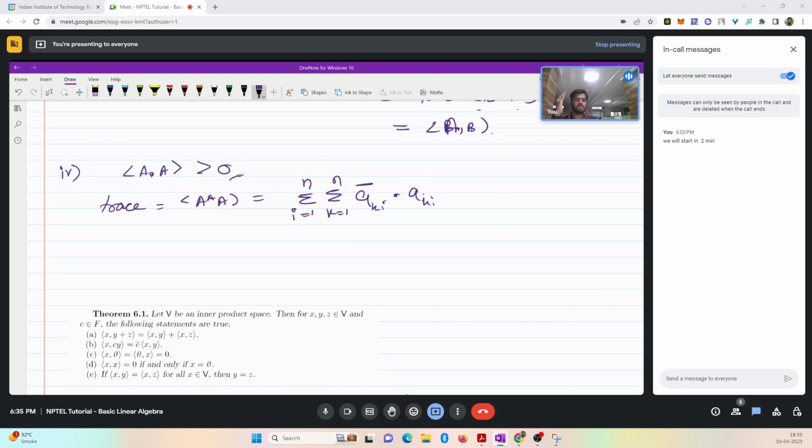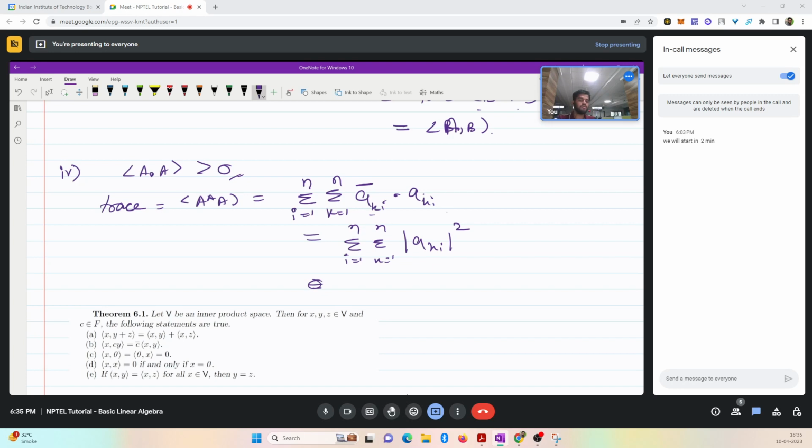So this is again a complex number multiplied by its conjugate, which would be equal to the modulus value of A_ik, the norm of a complex number, right?